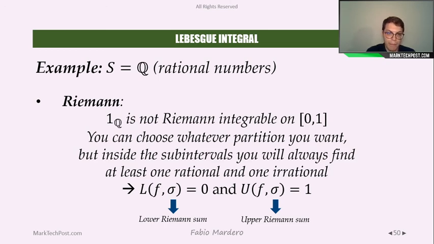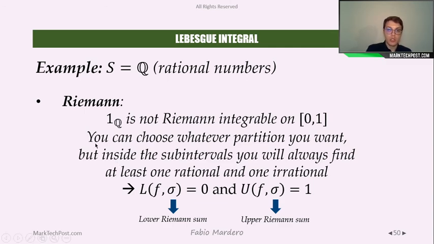To show you, let's take an indicator function that is defined with S equal to the set of all rational numbers, the fractions. Looking at the Riemann integral, we can say that the indicator function on Q is not Riemann integrable. For example, let's use the interval 0, 1 for simplicity.